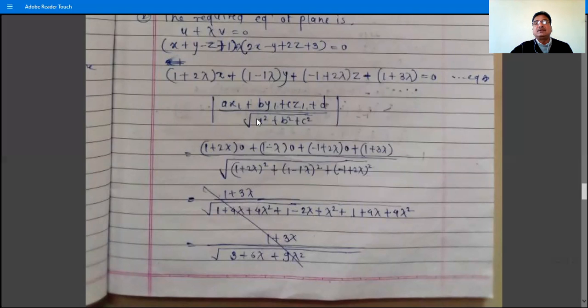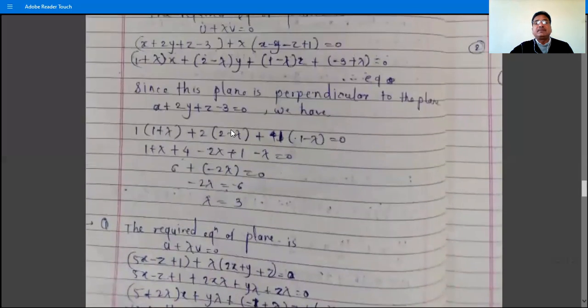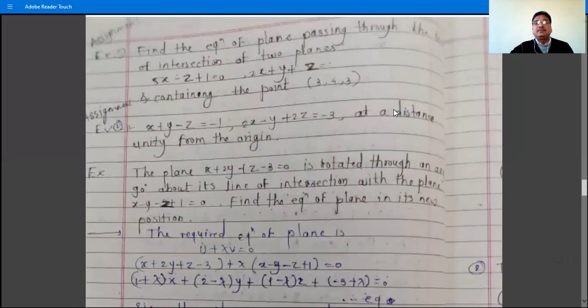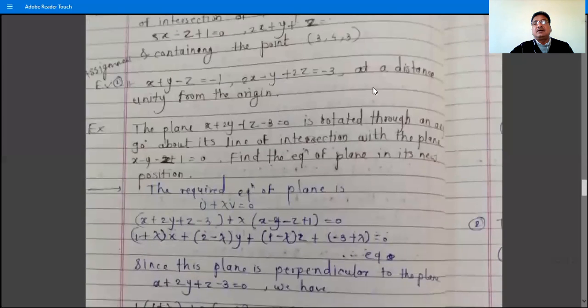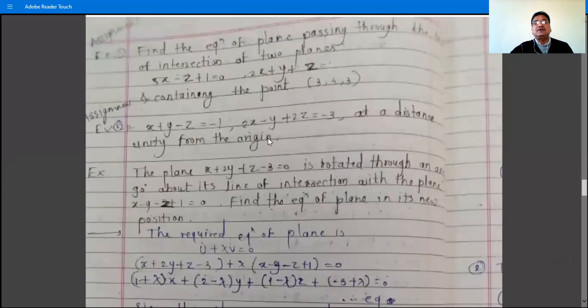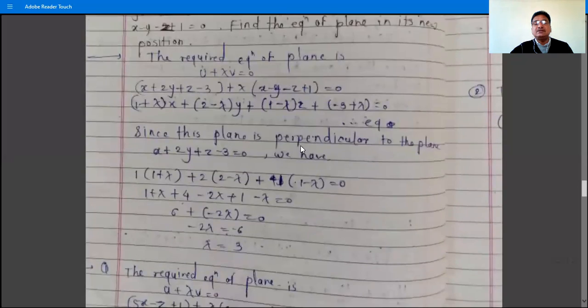So what is given? The plane is at a distance unity from the origin. At a distance unity from the origin means the distance of the origin from the required plane is 1.